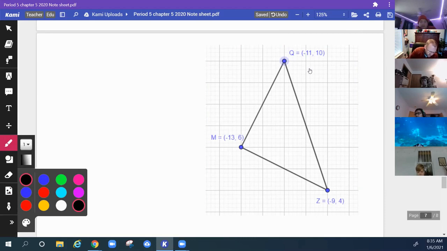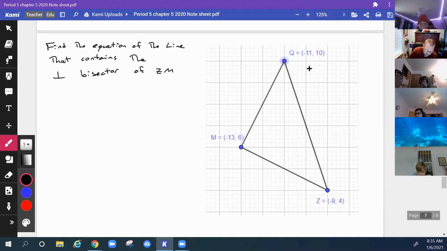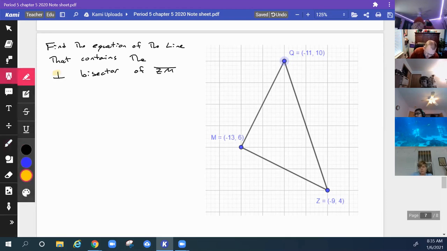But what we're going to do is we want to find the equation of the line that contains the perpendicular bisector of ZM. We've already done this first semester, but it's just making sure that you can do this and get through all of it on your own.